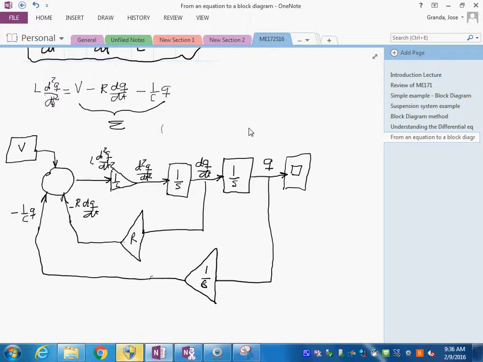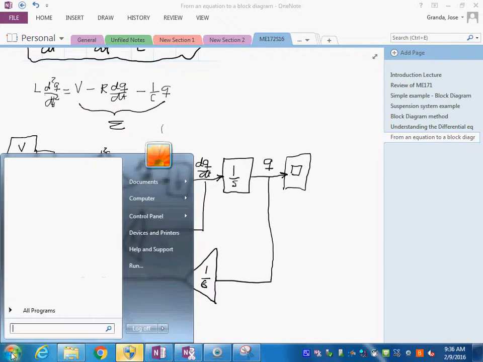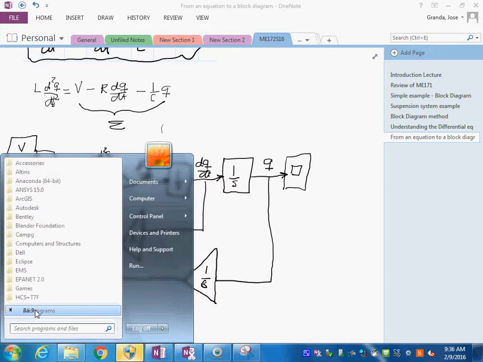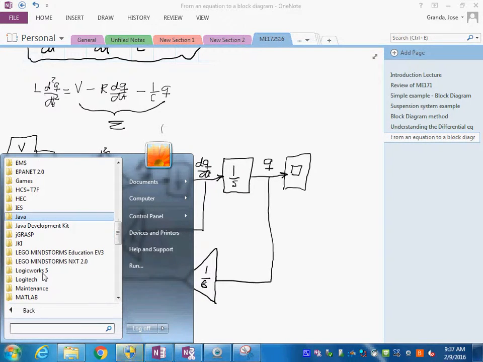For that purpose maybe I'll just have the diagram itself in a small window, perhaps a little smaller here. There we go.